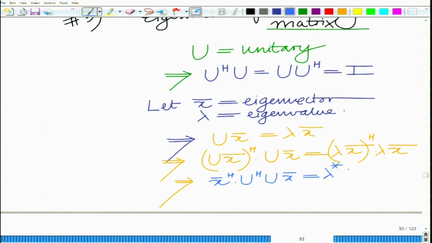So, lambda Hermitian is simply lambda conjugate x bar Hermitian lambda into x bar.